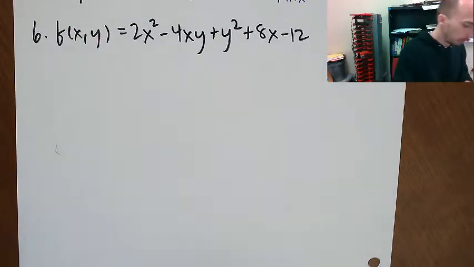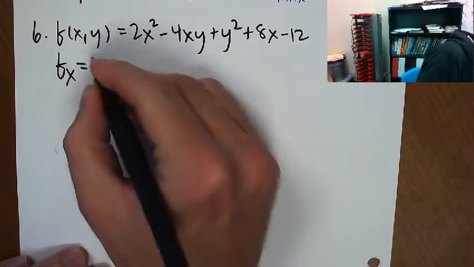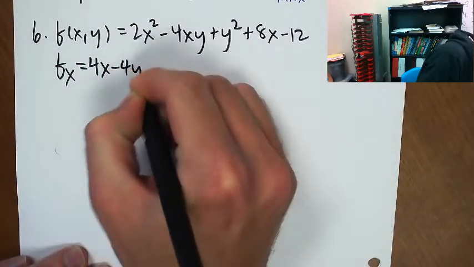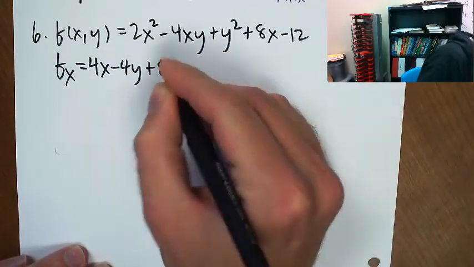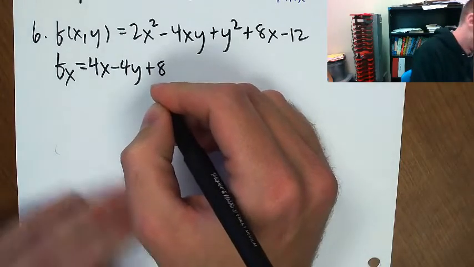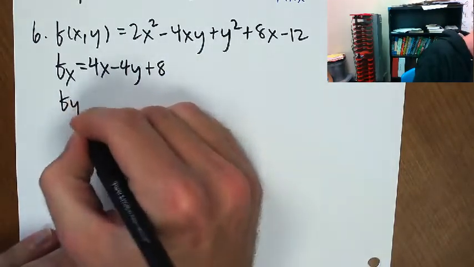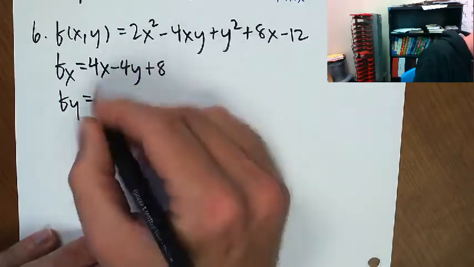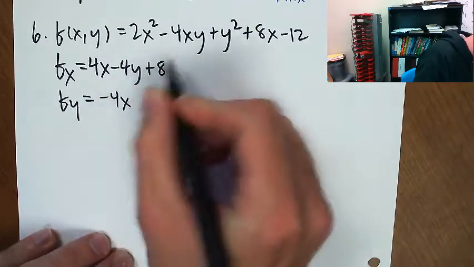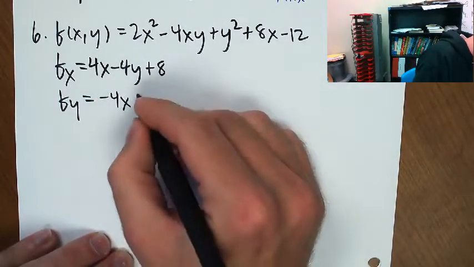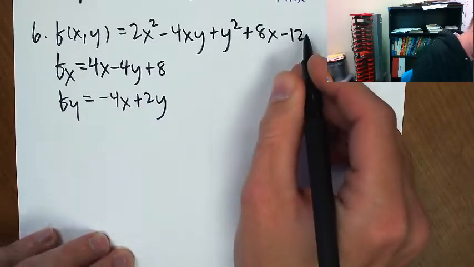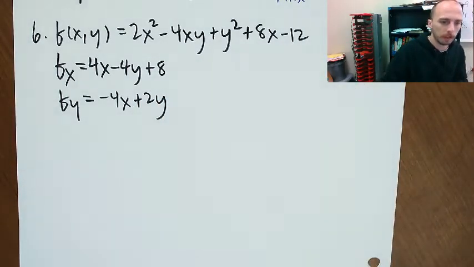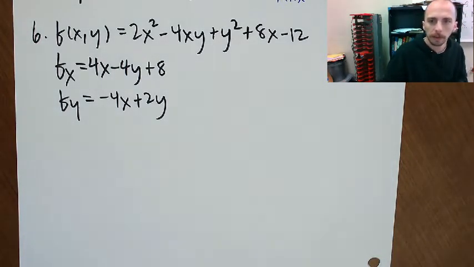Alright, so I'm going to take my partials. fx is 4x minus 4y plus 8. fy is -4x plus 2y and 0. Make sure I didn't copy that problem wrong. I was hoping I did copy that problem wrong. I did not. Squared plus 8x minus 12.